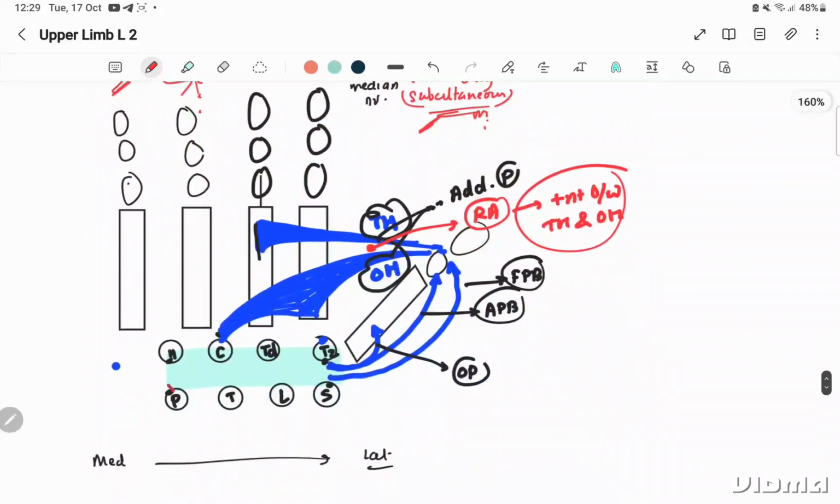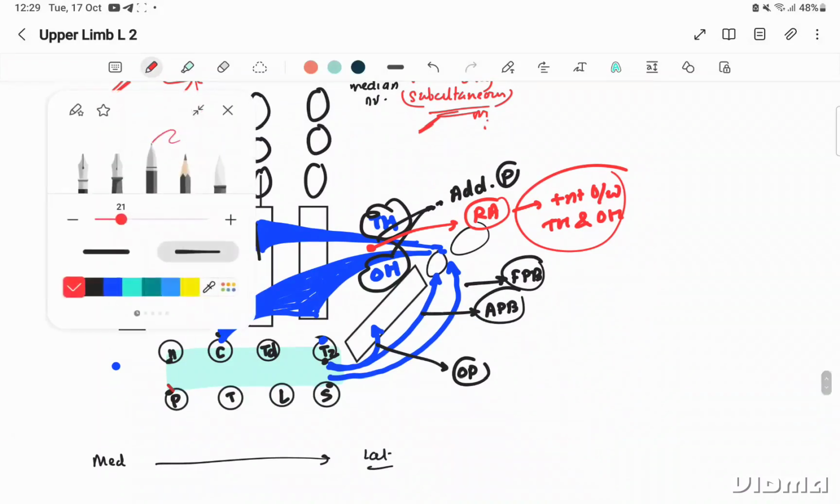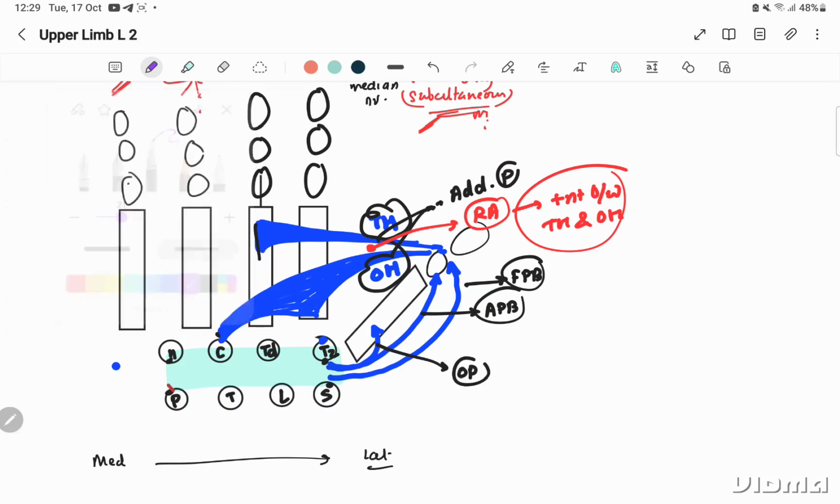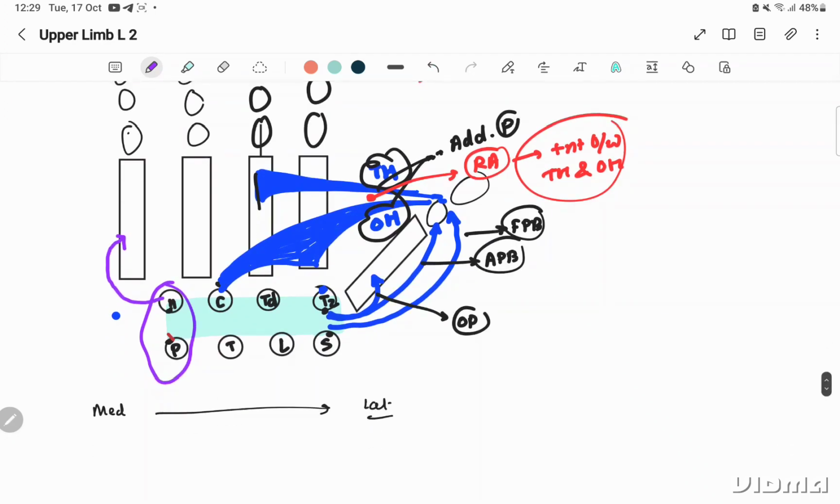after this let's go to the hypothenar muscles, after finishing the thenar muscles. So the hypothenar muscles generally start from this portion. This muscle, which attaches to the base of the metacarpal of the little finger, is called the opponens digiti minimi, a small muscle which helps in opposition of the little finger, as the name itself suggests the action.